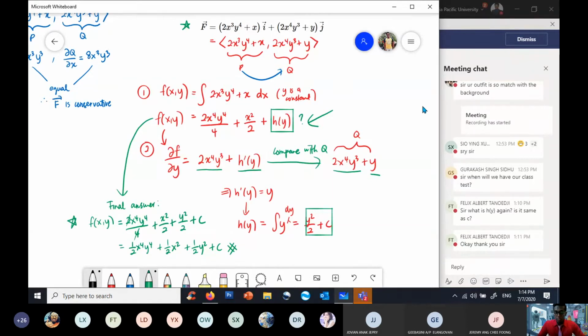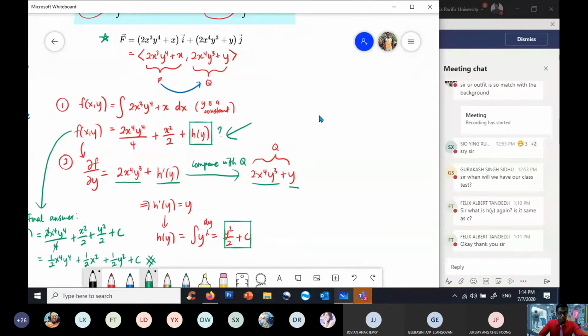If you think it's doable, I'm going to give you something to try out now. Take a piece of paper, try to repeat back the whole procedure that I just did, but now I started from P and then I go to Q, right? What you do is try to start from Q and then go to P, meaning that your first step will be something like this.